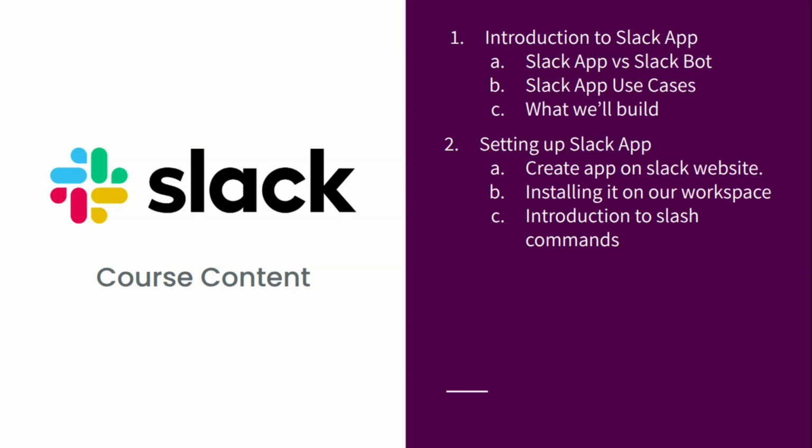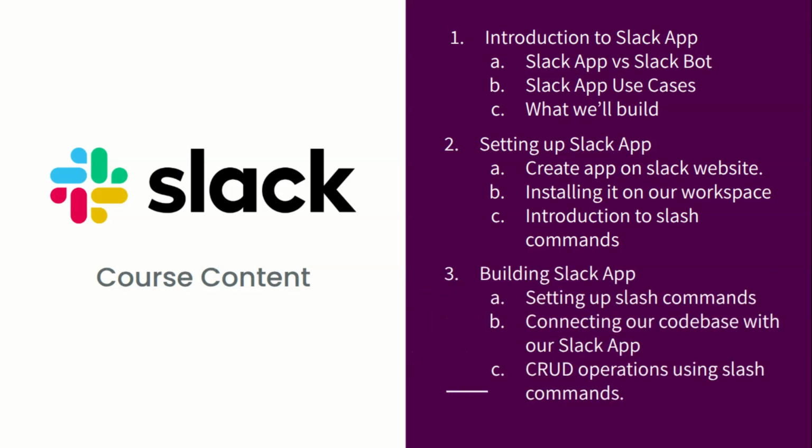And once that is done, we are going to build the Slack app. So earlier we understood about setting up the Slack bot, but in the coming videos we will be building it. By building it, what I mean is we are going to write the business logic for our app. The business logic will contain all the CRUDs, right?